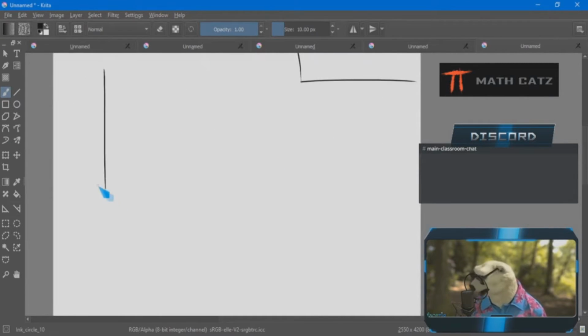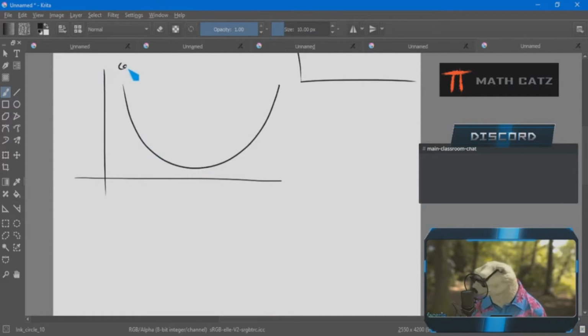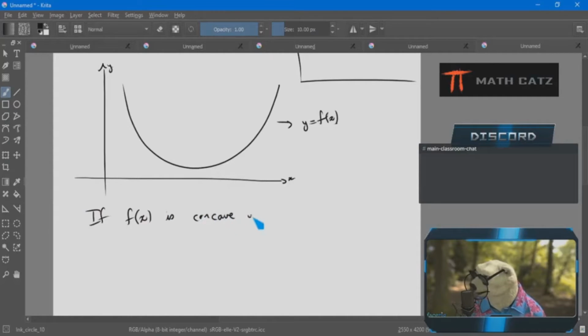Okay. So let's keep that in mind. Now let's just look at the classic concave up. Big smile. Actually, I'm going to write it at the bottom. Big smile. Best case scenario. And let's call this guy f of x. So, if f of x is looking like this, concave up, what can I say about the slope values?